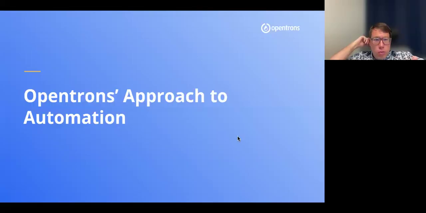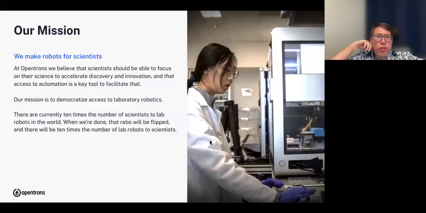Great, thanks. And so we'll jump into OpenTrons' approach to automation. So first, just a bit about our mission and how that I think differentiates us from many other automation companies. We as a company are really focused on empowering all scientists.